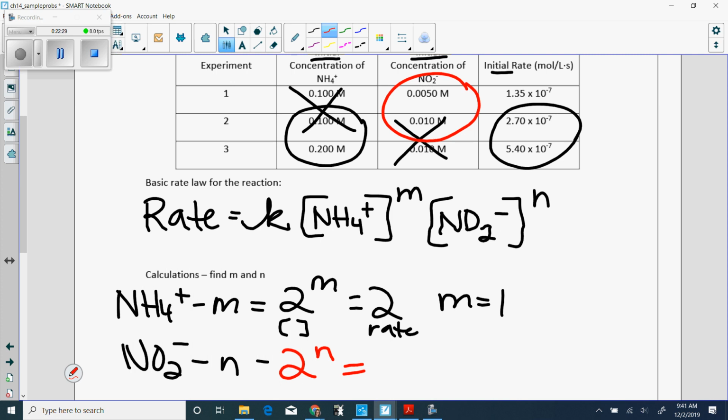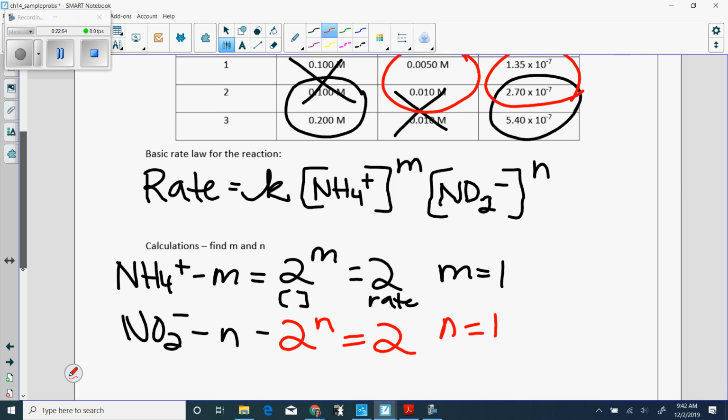What happened to my rate in those 2 trials? 1.35 to 2.7 is also double. So narwhal equals 1. It's either going to be 0, 1, or 2. Okay? 0, 1, or 2. So even if it looks kind of scary with exponents, it will work out to be a 0, a 1, or a 2 for your monkey narwhal.